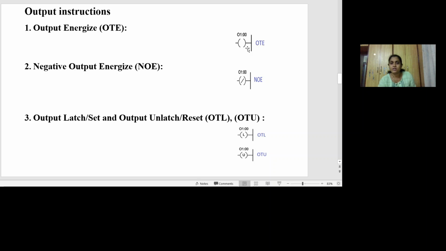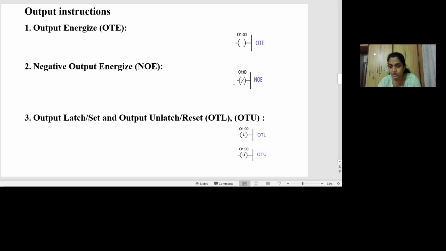It will be turned on. So only when the condition of the left link of OTE is energized, the output remains set.